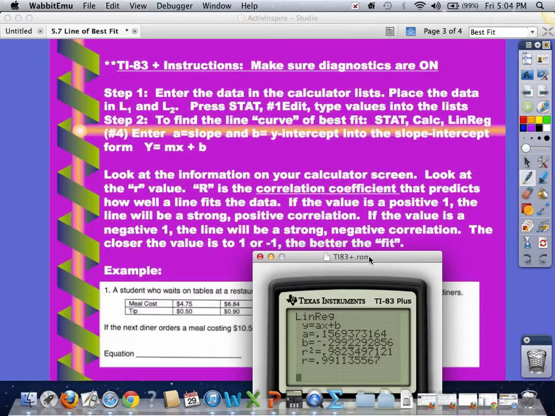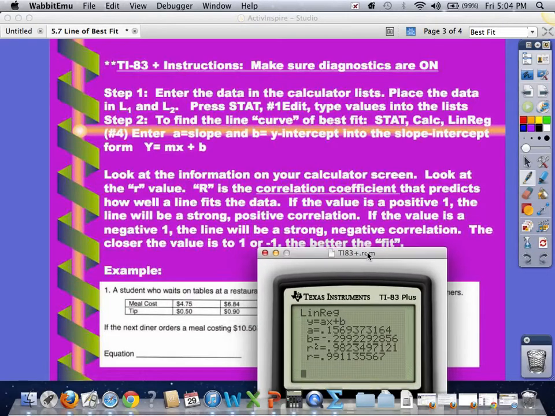But if the value of R is negative 1, then that means it's going to be a strong negative correlation. Again, the closer this R value is, just the R, not the R squared, to 1, and this is 0.99, so it's pretty close, the better the fit, okay? If it was 0.2, that means it's not a good fit, and that means that equation wouldn't fit with most of the data. All right, so this one's pretty close.